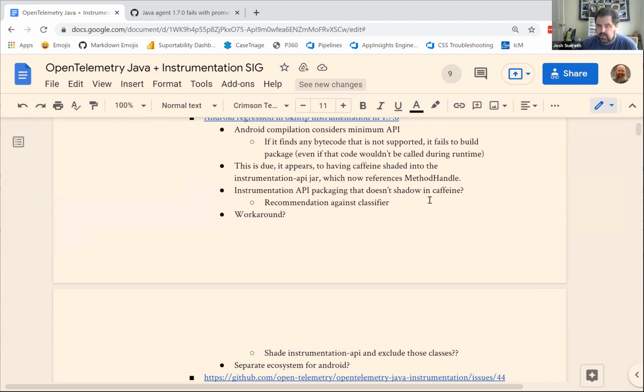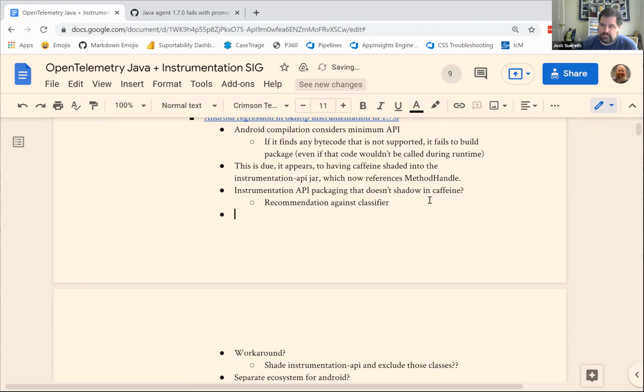Is the opposite worse, instead of shading both into the instrumentation API, having the instrumentation API do a service lookup and then providing the instance appropriate to the environment later as a dependency? I see, and then we could split out the two into separate modules, which we would pull in maybe by default, but would still require Android to exclude one.